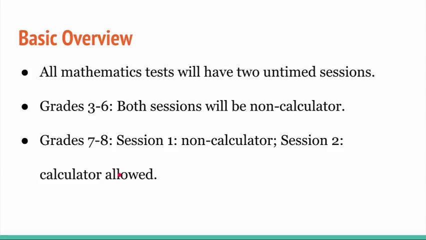So let's start off with some basics. This is much more in line with what you guys are familiar with from the standard MCAS. There will be 2 untimed tests. Untimed, just to clarify that as well, that's a big thing for us. On this assessment, though, both sessions will be non-calculator. I just included the middle school grades as well, just so you can see some of the differences. 7th and 8th, it's going to be 1 calc, 1 non-calc.